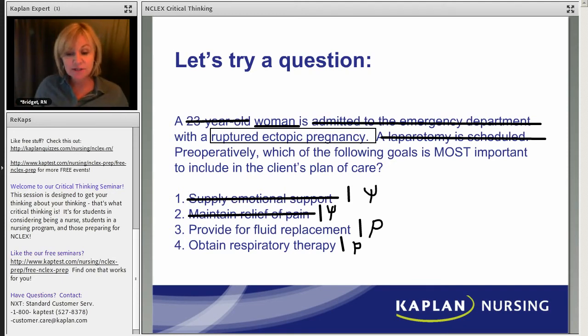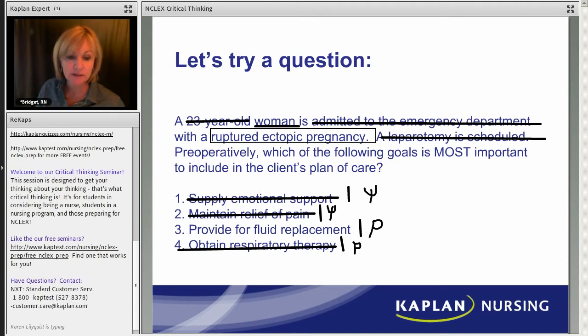But the question is, is this person with a ruptured pregnancy having airway problems? No. They are having circulation problems. Ruptured pregnancy, worried about hemorrhage, blood loss, best answer 3. Best answer from what's available, right? It's what's available. The perfect answer won't always be there, okay?